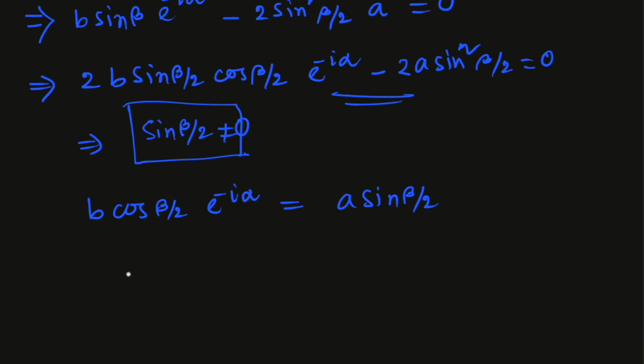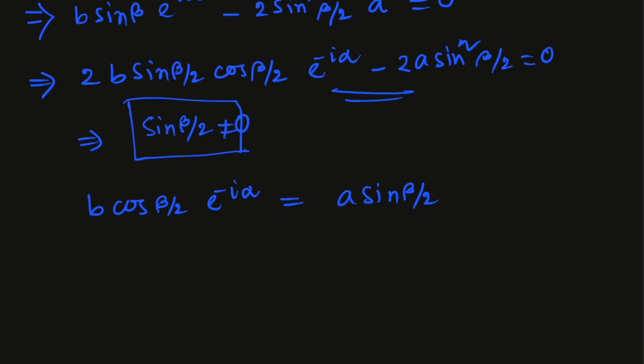So this will be satisfied if we take a equal to cos beta by 2 e to the power minus i alpha and b equal to sin beta by 2.